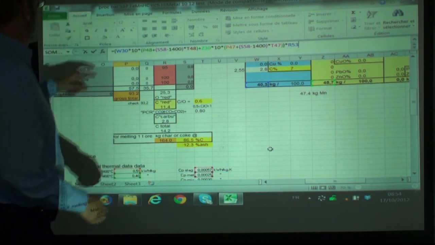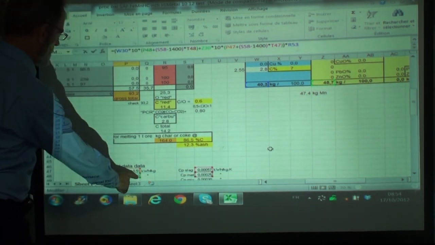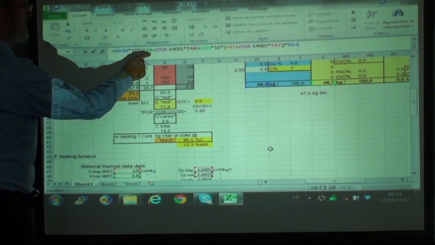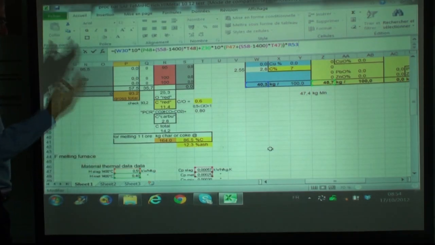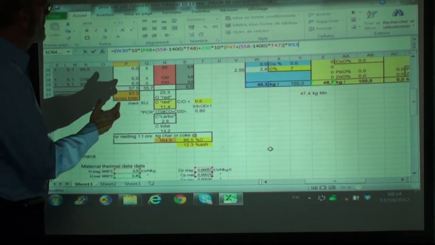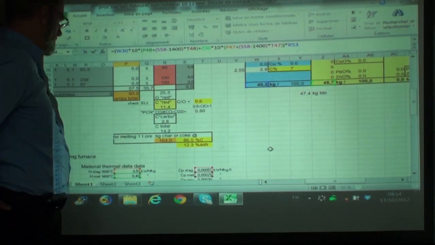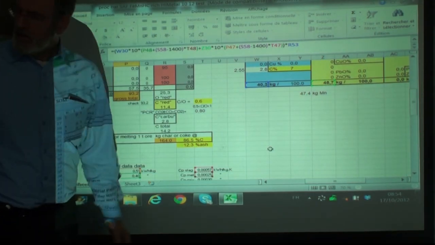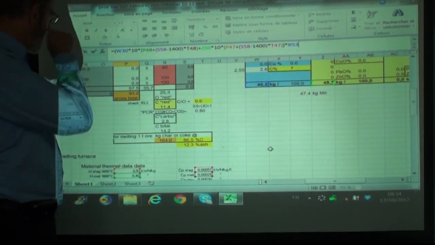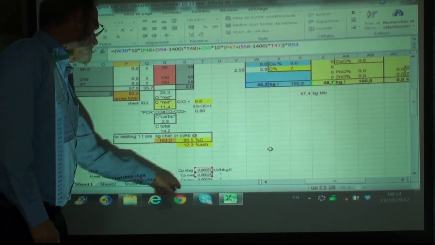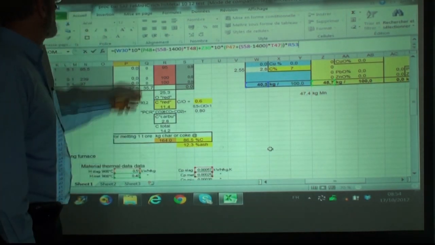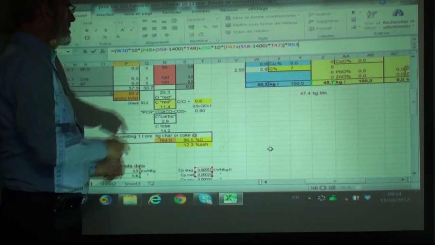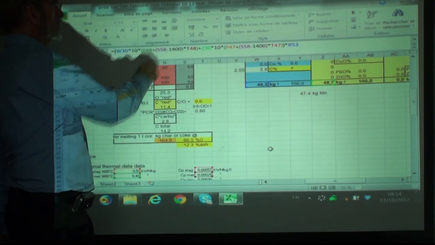You see, this is the enthalpy of metal at 1400 degrees, and if the temperature is different from 1400 degrees, we add a variation, a delta H, in which we use this CP, times the temperature difference, the difference between the real temperature and 1400 degrees.